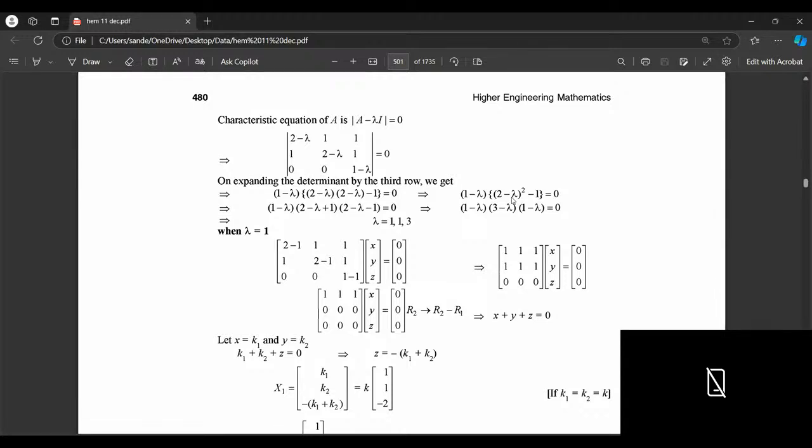So first eigenvalue, you put lambda equal to 1 to find eigenvector. To find the eigenvector, we have to write the equations, that is matrix A minus lambda I into x equal to 0. Again here matrix is 3 by 3. Put lambda equal to 1.